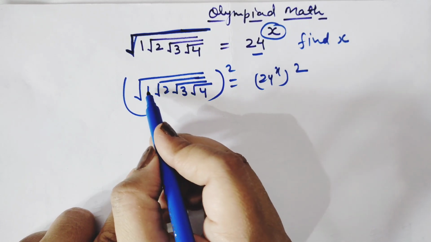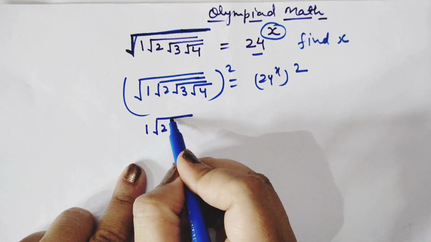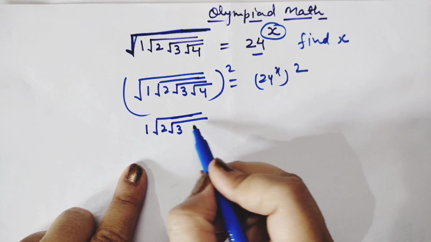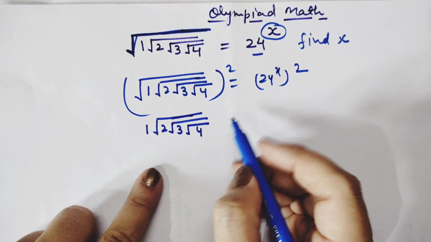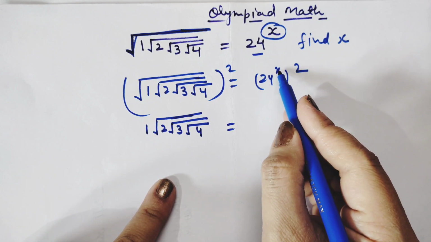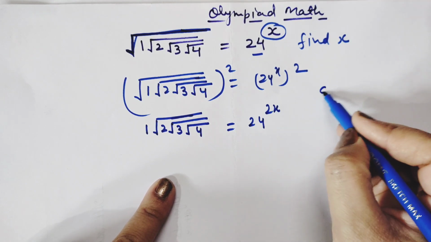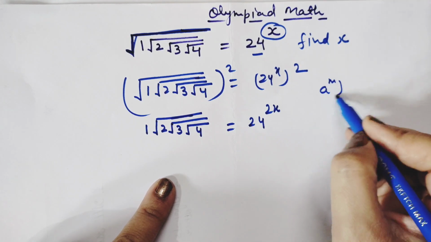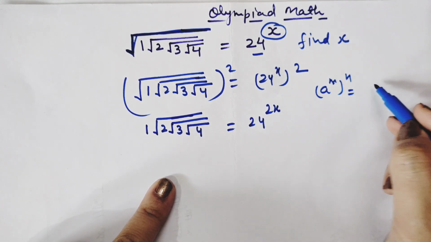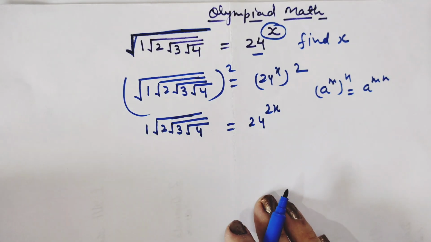So we have only 1 remaining, and inside is root 2, then root 3, and inside that again root 4. On the right, 2 multiplied by x, by the exponent law, is 2x. We are using the law a raised to the power m, whole power n: power to power, it will multiply, so it is a raised to mn. We apply this law.